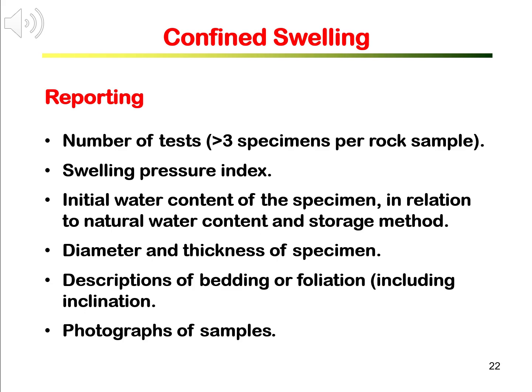Report of confined swelling test is very similar to the report of unconfined swelling test. They should include the descriptions of the sample, log type, location, sample collection and storage, the initial and or natural water content, and color photos of the specimen and the test setup with apparatus.